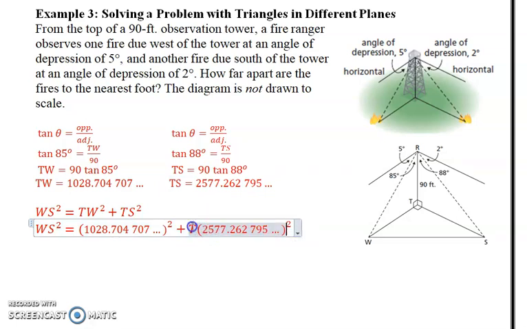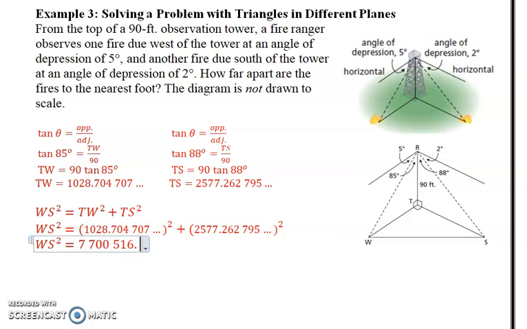I'm going to square this and square that, and add them. You get 7,516,892, and so on.